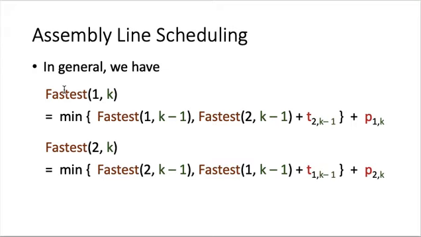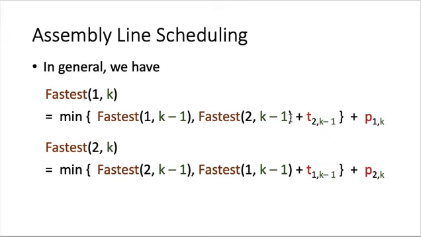So in general, using our discussion so far, what we know here is fastest of 1K, the fastest time to finish everything at step K of line 1, is the minimum of what? Minimum of fastest of 1, K minus 1, so this is the time that we stay on line 1 after step K minus 1, and fastest of 2, K minus 1 plus T of 2, K minus 1, this is the time that we finish the processing at line 2 at step K minus 1 and make the transportation.